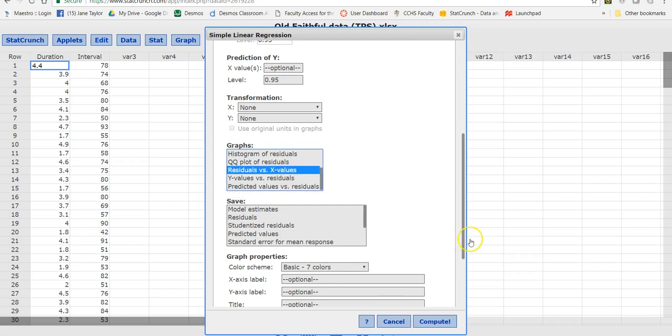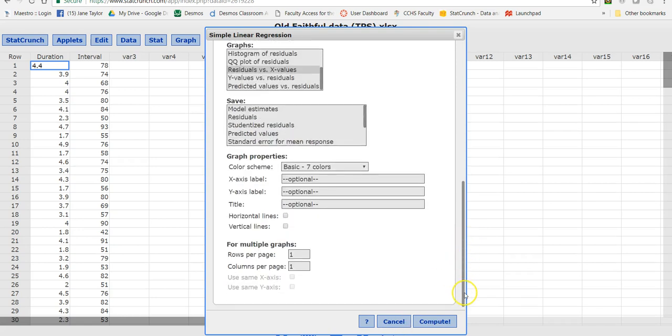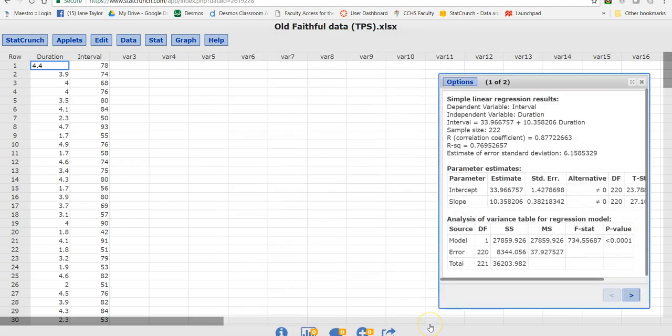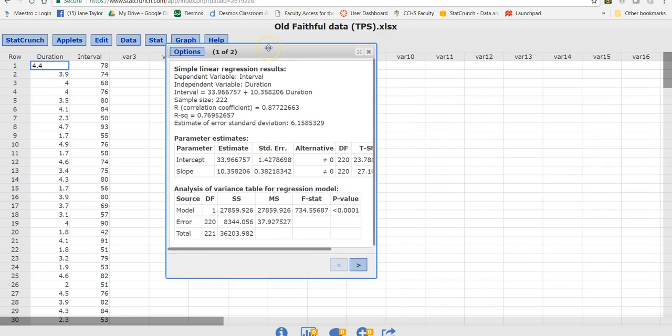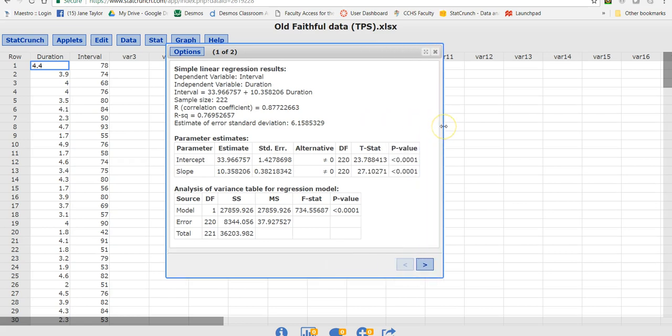I think that's all I need to do. Okay, and compute. So we first get our regression information over here, and this gives us our dependent variable, independent variable, gives us our equation, and we're going to write that as interval hat. It tells us sample size, correlation, all this kind of information that we're going to be talking about when we use our vocabulary from Chapter 3.